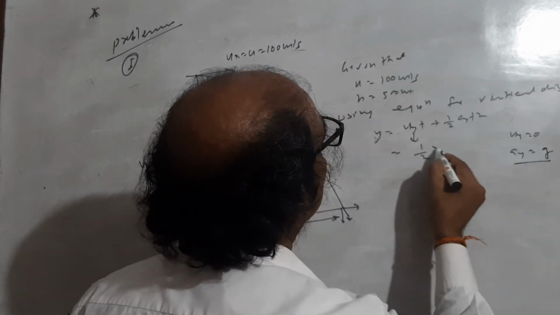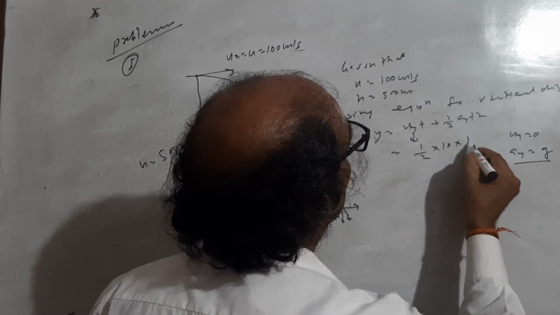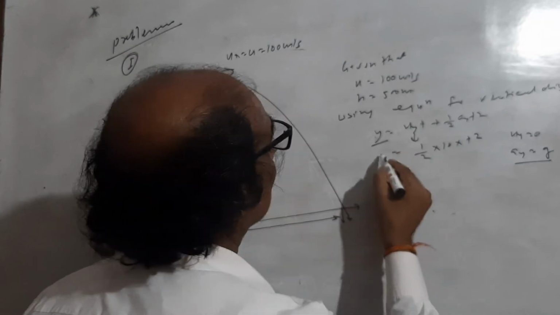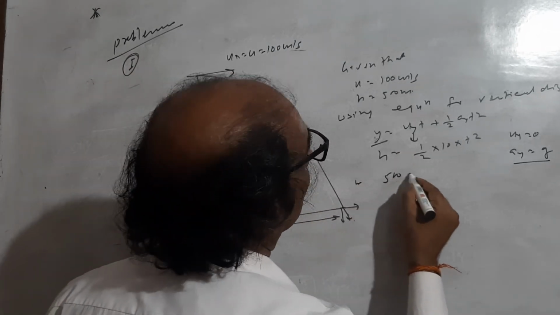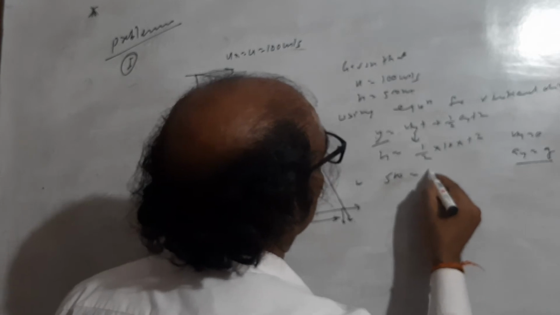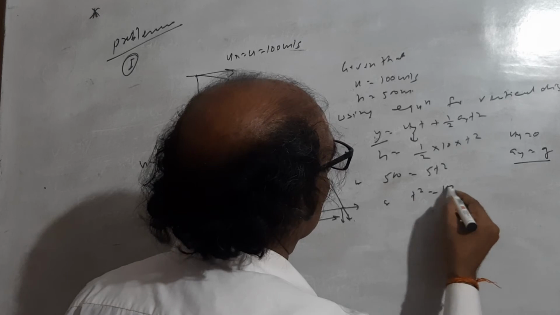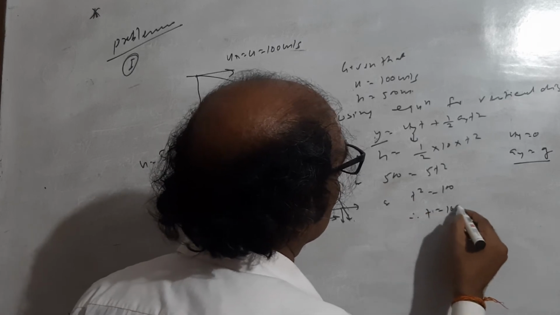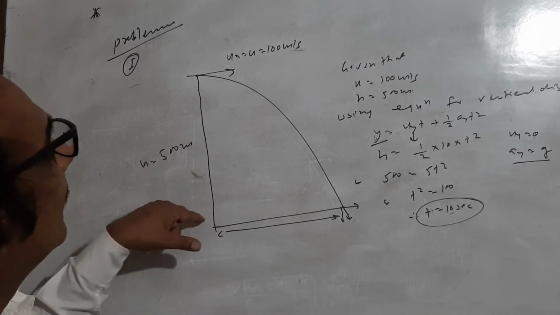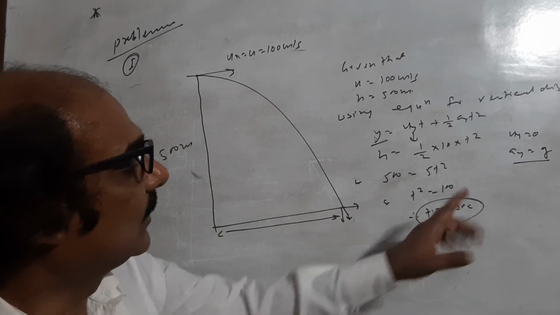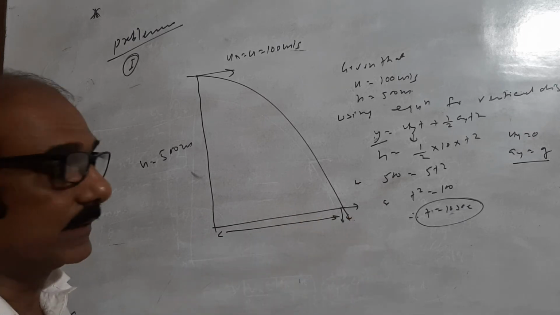So half into 10 into t square, and the height of the tower h equal to 500, so 500 equals 5t square, and therefore t equal to 10 seconds. So height 500, u 100 meter per second, and time equal to 10 seconds. So the time taken by the projectile to hit the ground is equal to 10 seconds.